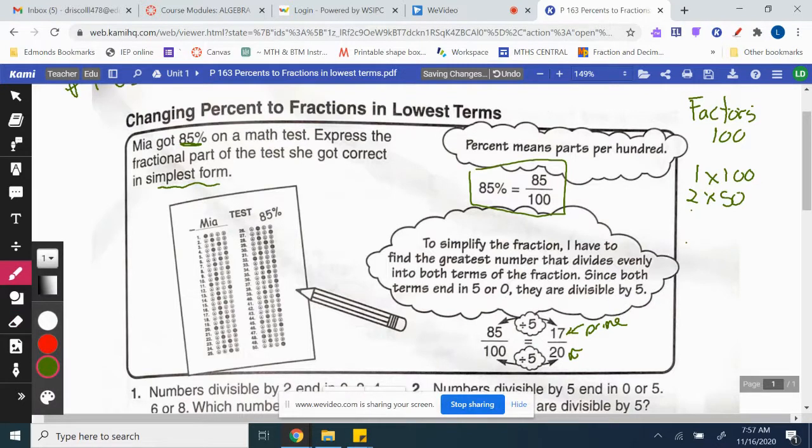Let's go back and put in 4 times 25, 5 times 20, and then we have 10 times 10. So these are the numbers that we're looking for to use today. Let's go through and see what we can find out.